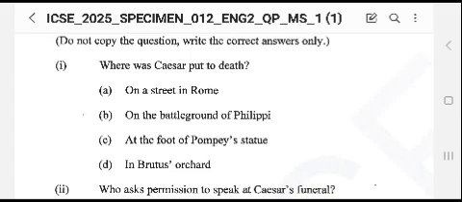D, in Brutus' orchard. See how to select the exact answer. First I will tell you, you have to select the best answer, not the good answer or the correct answer. You have to select the best answer.